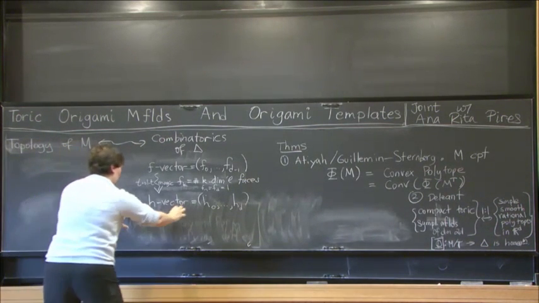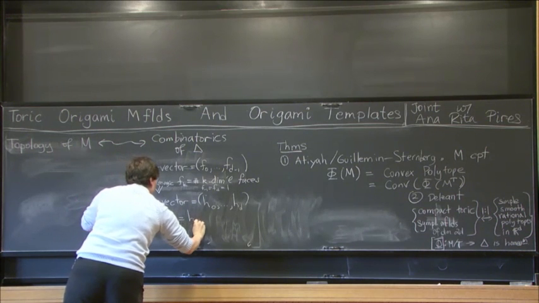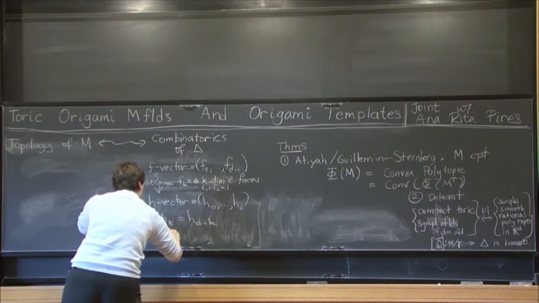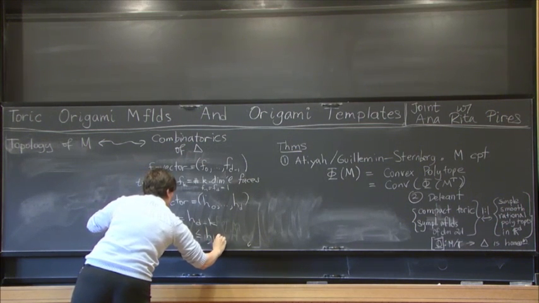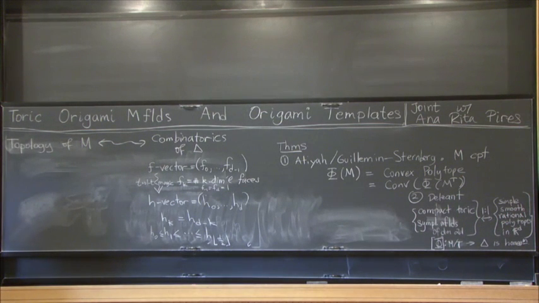But this h vector seemed to satisfy hk equals hd minus k, and h0 is less than or equal to h1. And I think there's one other property about how quickly the h's can grow. Yeah, there's log concavity, something like that.